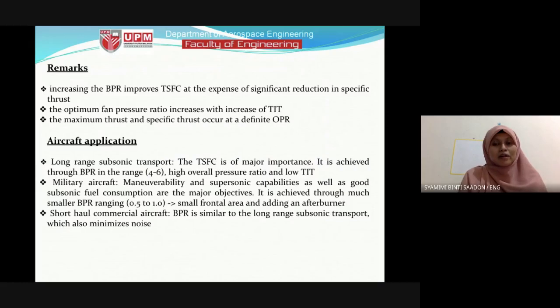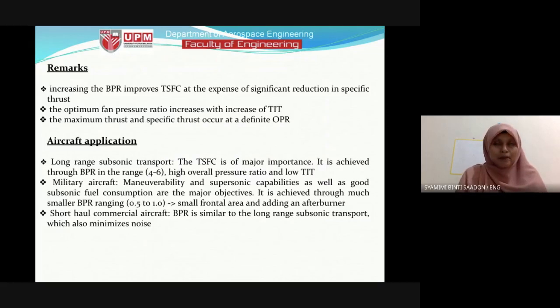It means that by using a higher bypass ratio, higher air at the bypass duct, we are able to produce the same amount of thrust but with less fuel. Improve TSFC: less fuel but with the same thrust produced.